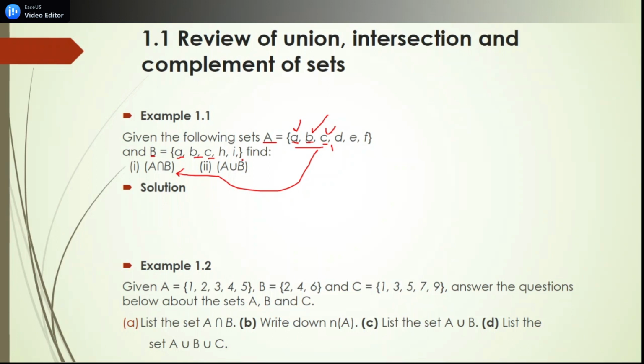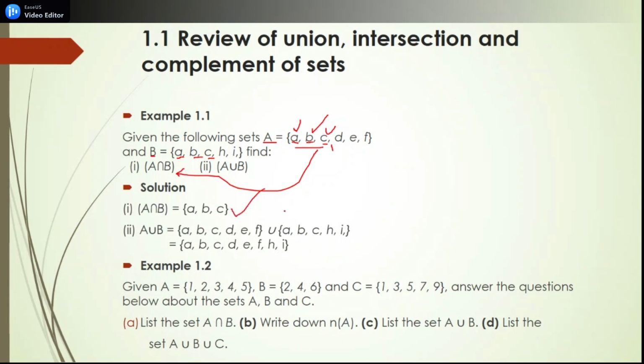We can't write them two times. For example, A, B, B, C, C is wrong, because A, B, and C are in both sets. We write one time A, B, and C. Each element must be written one time.